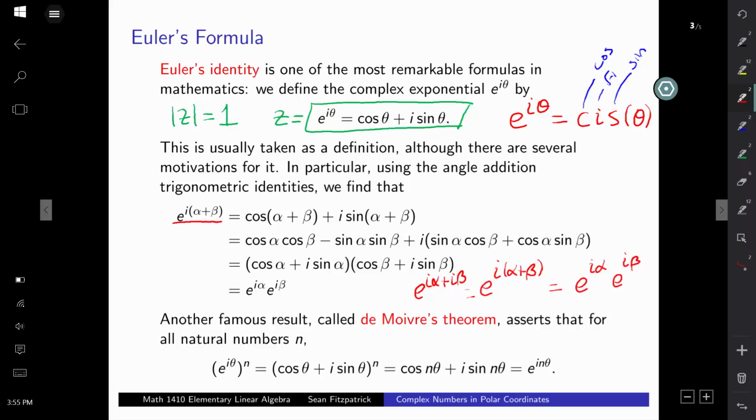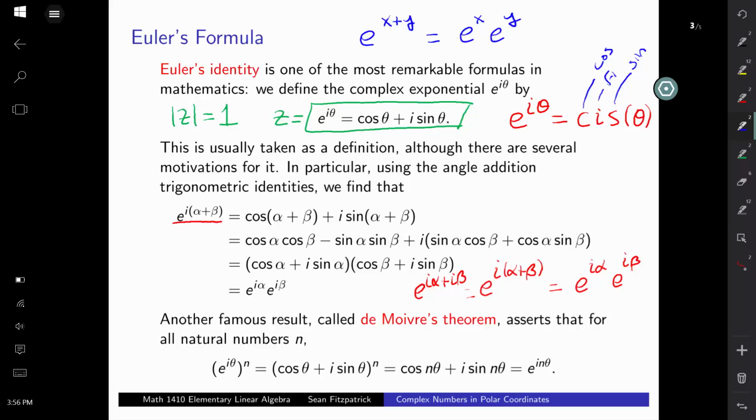And if you think in terms of laws of exponents, remember that if you're dealing with real exponents and have something like e to the x plus y, one of your laws of exponents says that e to the x plus y is the same thing as e to the x times e to the y.